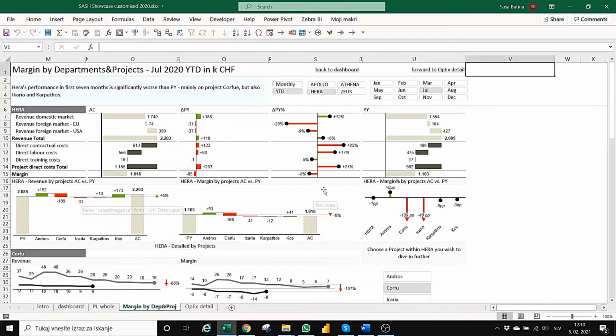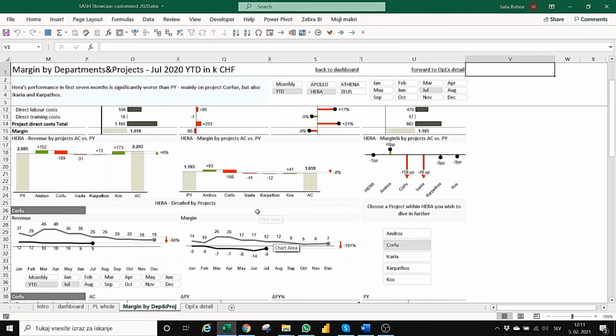And the margin? It fell 8% due to too big increase in salaries. But on which projects? Here we see again Corfu and Ikaria and even Karpathos. And not only did margin in absolute values fall, but also in percentage of revenue.